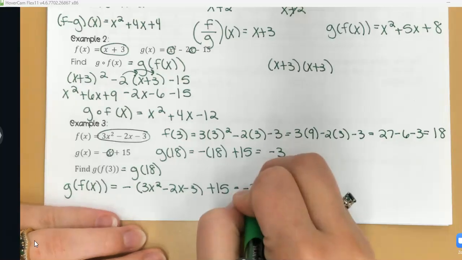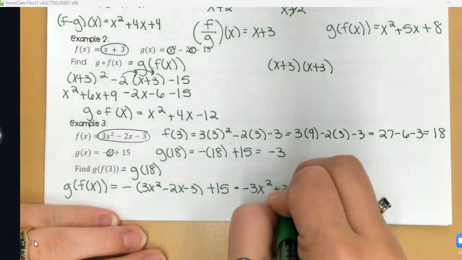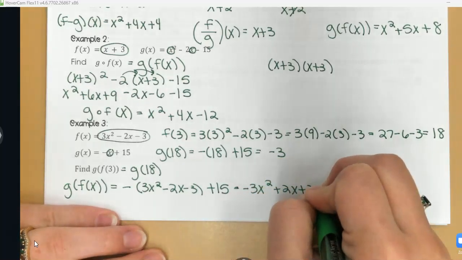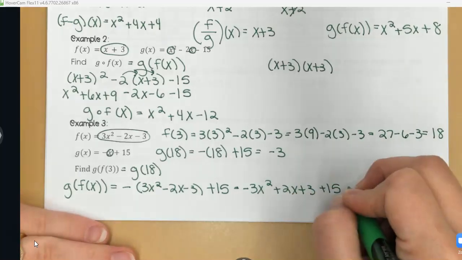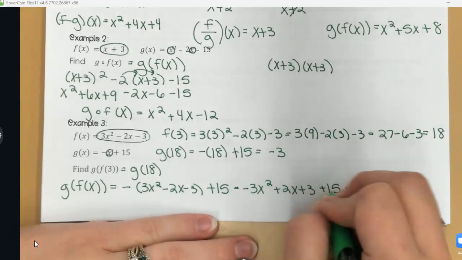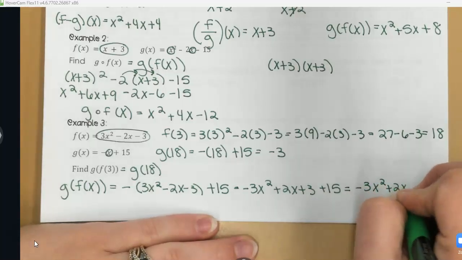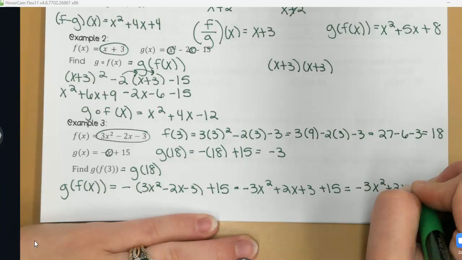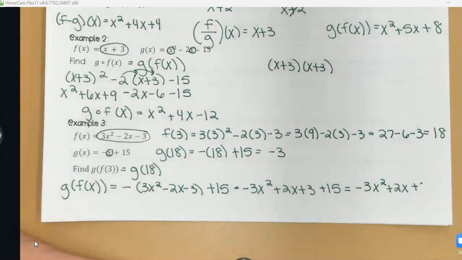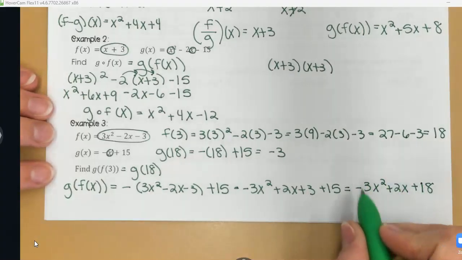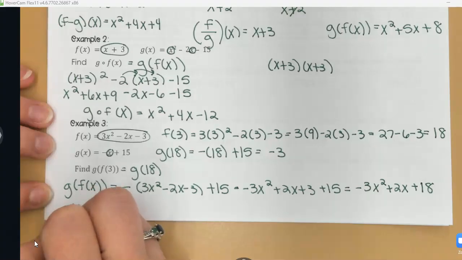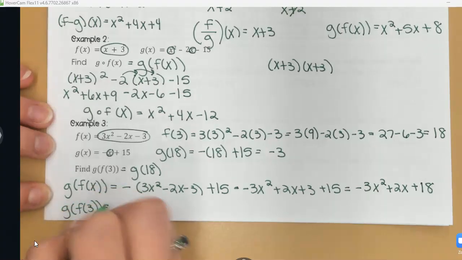So that would give us negative 3x squared plus 2x plus 3, and then I still have that plus 15. So our final function after I combine my like terms would be negative 3x squared plus 2x plus 18.